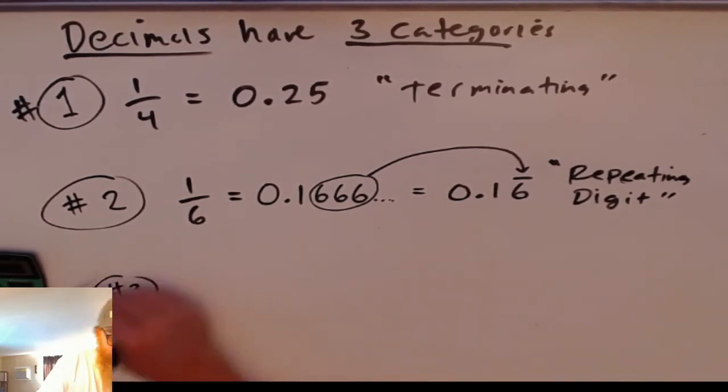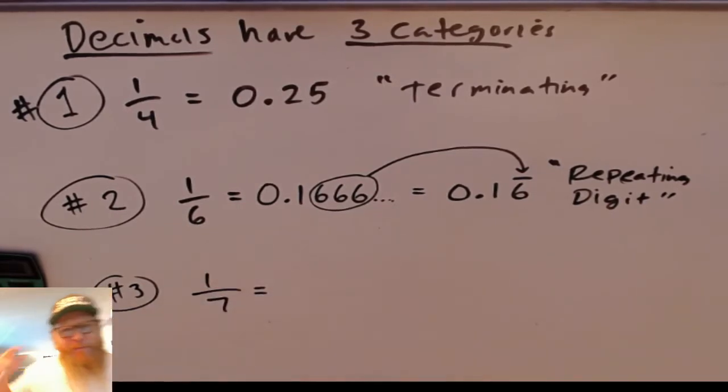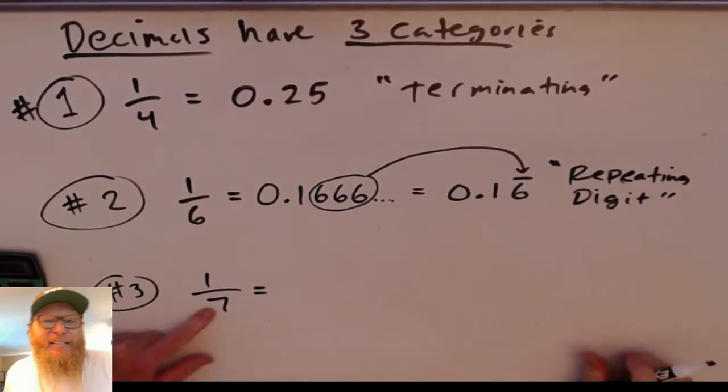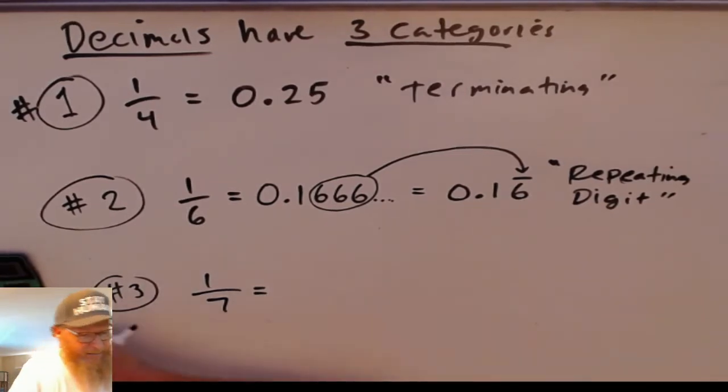The third category is a strange category. It happens with denominators like 7, or 11, or 13. I'm going to use 7 as an example.